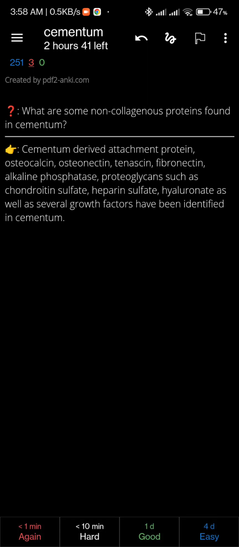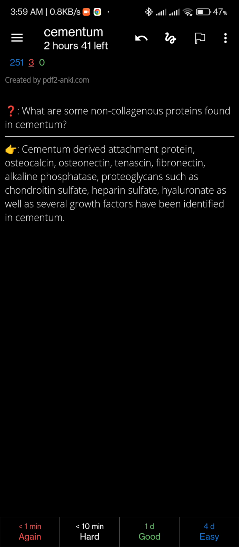What are some non-collagenous proteins found in the cementum?